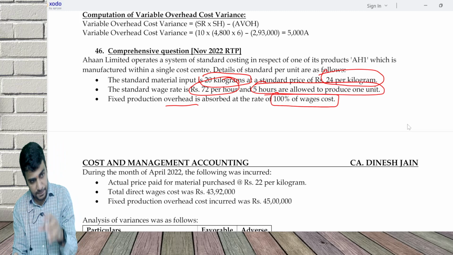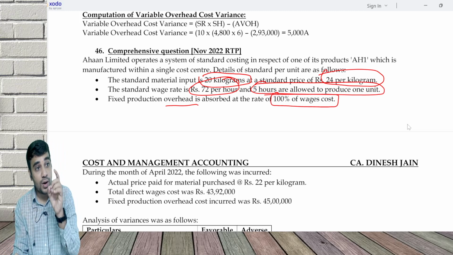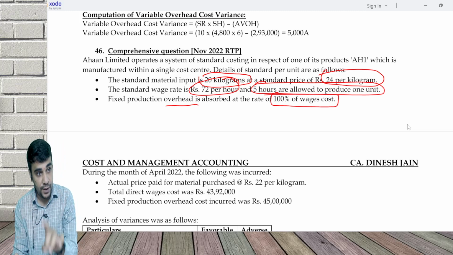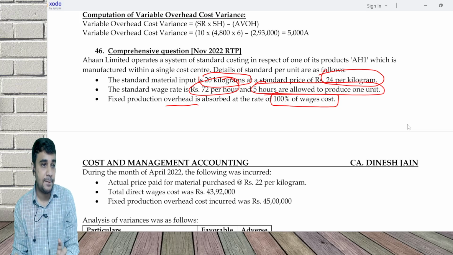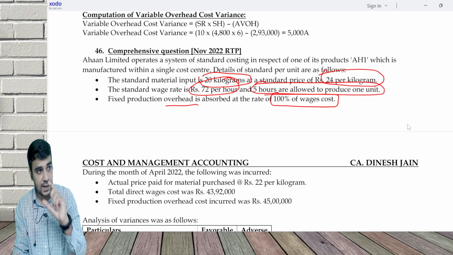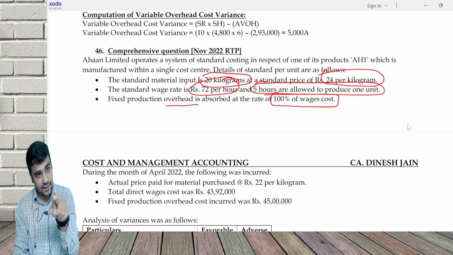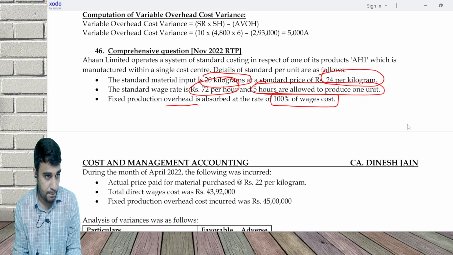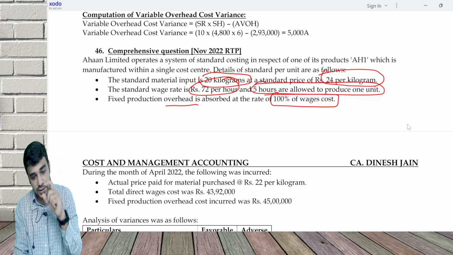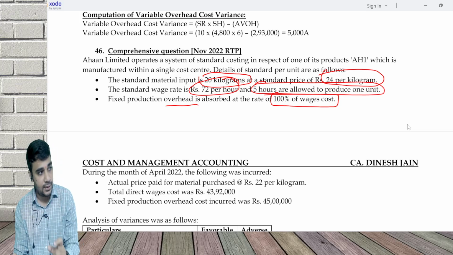So whatever the SR per hour for wages, the same will be the SR per hour for fixed overhead. If they said 50%, then with 72 this would be 36.